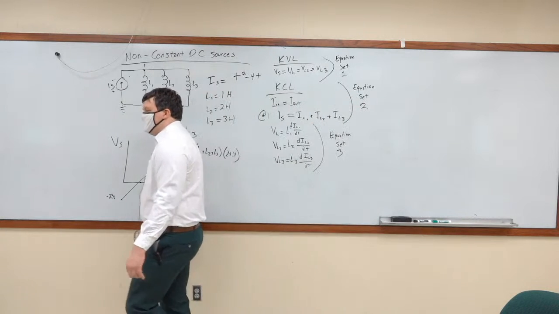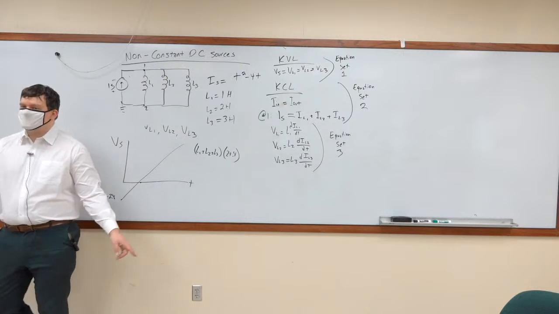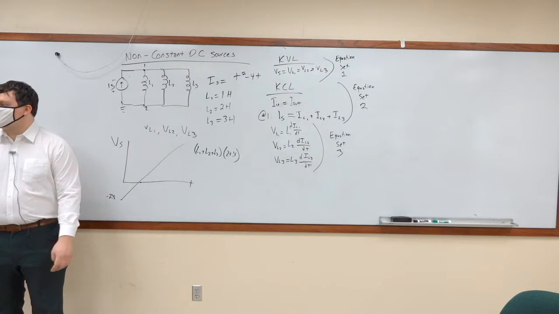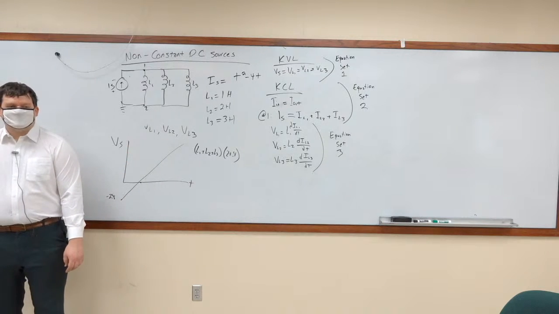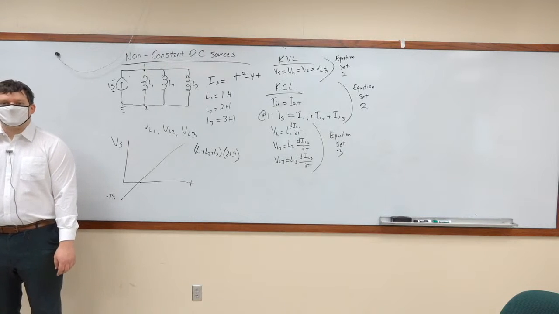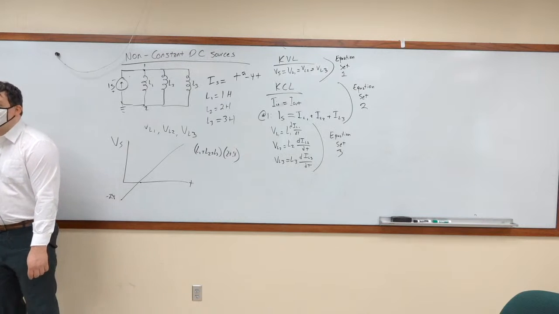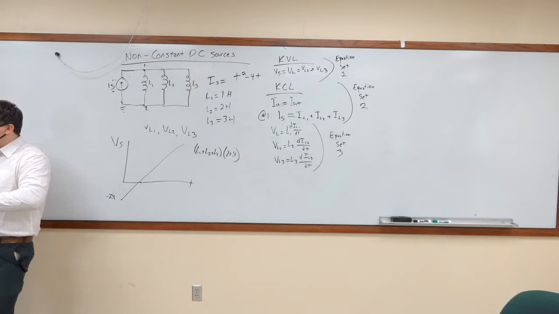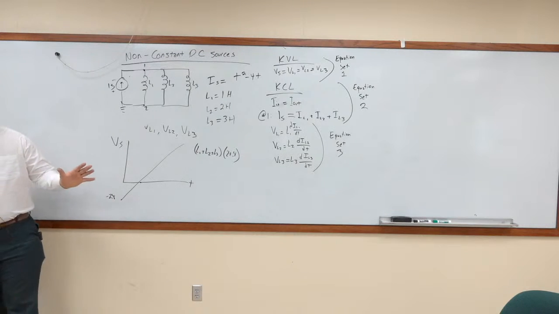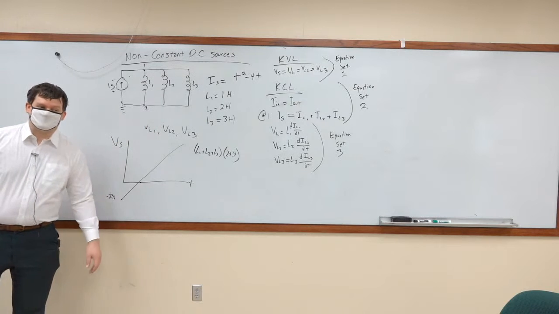Fun fact. Every problem we've solved, we've used all 3 of these equation sets. Every one. It didn't matter if it was last class, didn't matter if it was resistances, didn't matter if it was capacitances. It doesn't matter for this whole class. We will always use these same 3 equation sets.